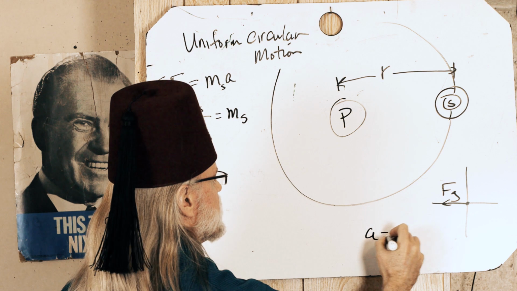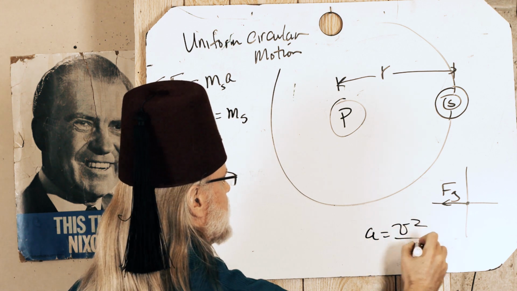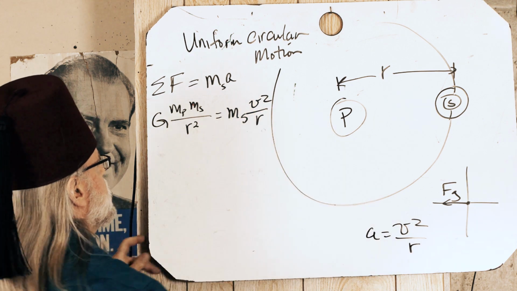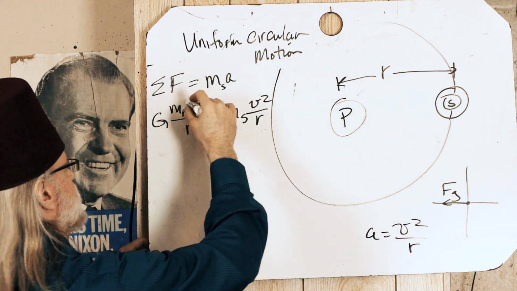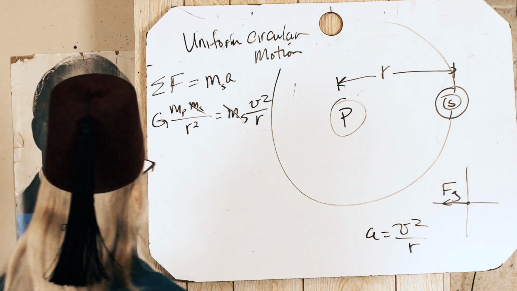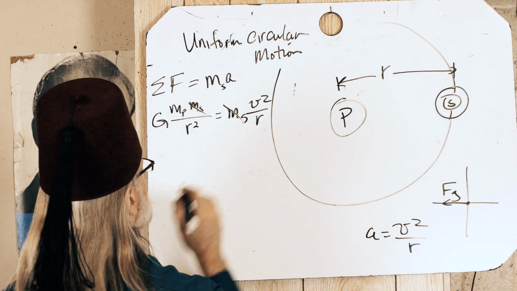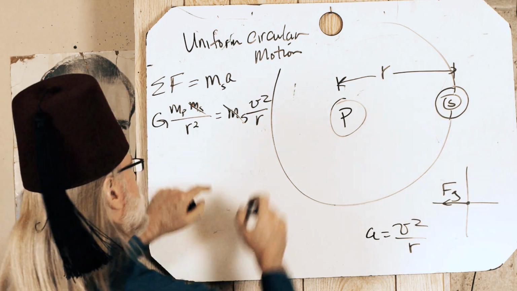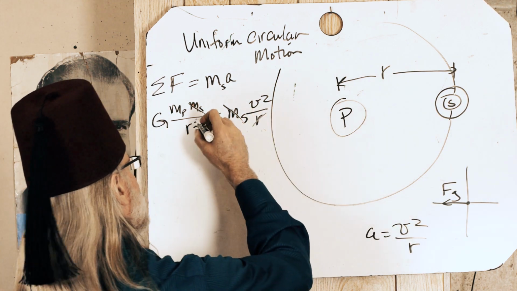But in uniform circular motion, the acceleration of an object is V squared over R. All right, let's cross those out. We can cancel those out. They're all canceled. Now we can get rid of one of our radii here.